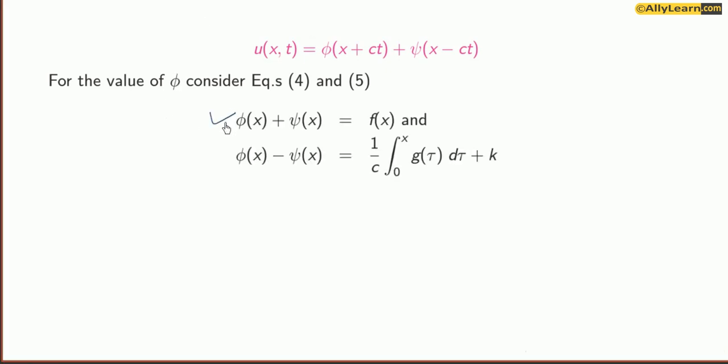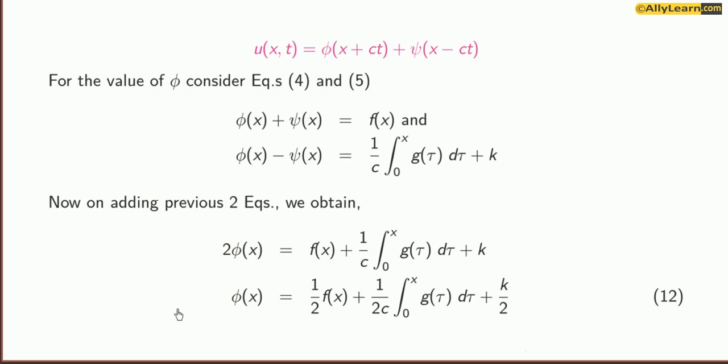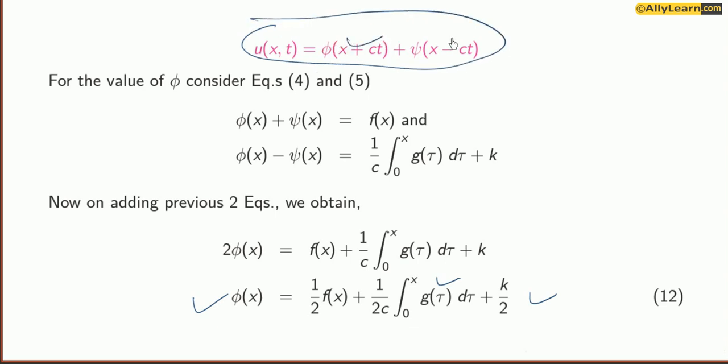This equation I obtained from the initial displacement condition, and this equation I obtained from the initial velocity condition. Now I add these two equations to get the value of phi as follows: phi of x equals f(x) by 2 plus 1 upon 2c into this integral plus k by 2. So friends, for this general solution, I have obtained the value of phi.